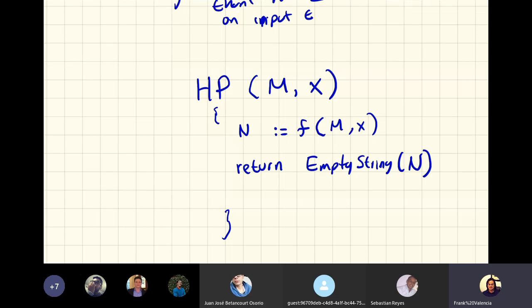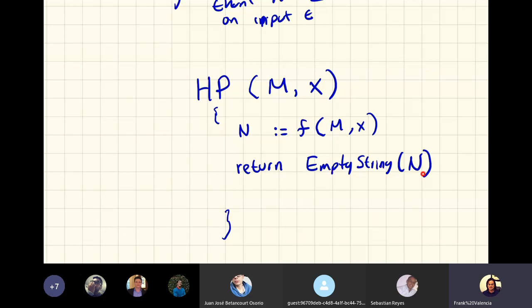Okay, so assume that I want to prove that you cannot implement this in Python. I'm going to use that you know the halting problem cannot be implemented, right? That's what we proved in the previous lecture. To prove that this one doesn't exist, I'm going to assume that it actually exists, to get a contradiction.